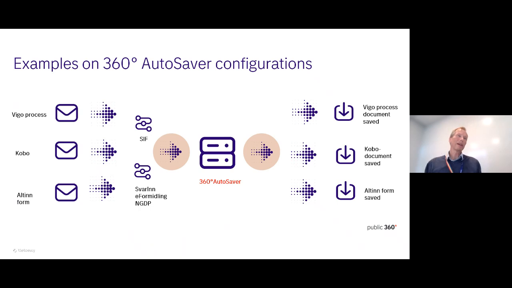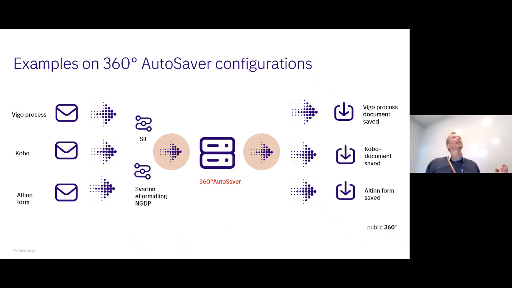And the big difference between processes that we have implemented before, like Startgood, for instance, is that this is configurable, so you don't need to do code changes to implement a new archiving process. And we are releasing, as a part of the May release, configuration for the Kobo process.